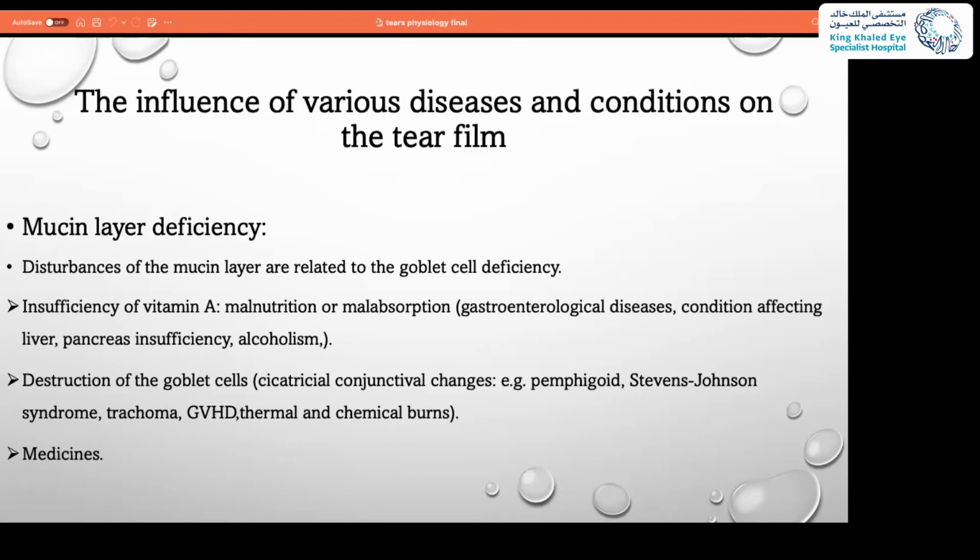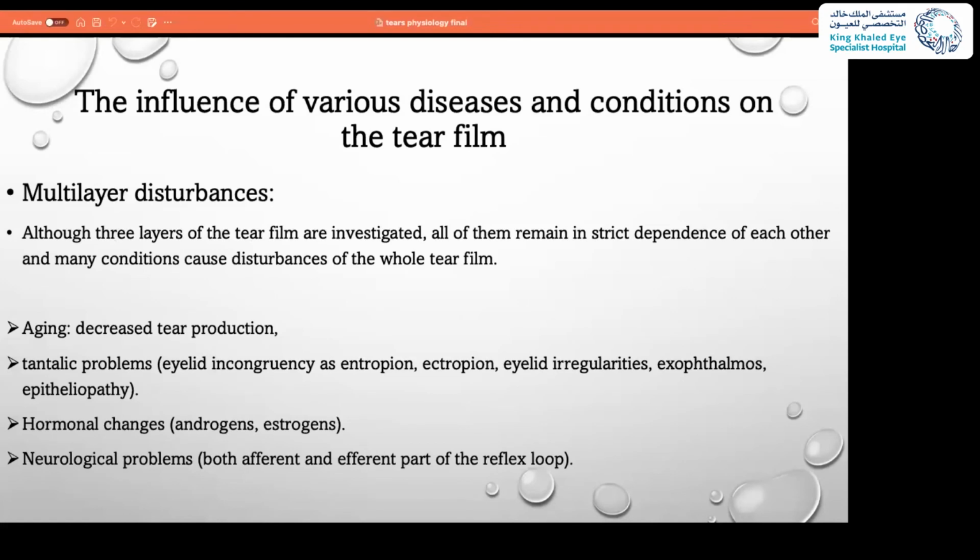It can also be caused by destruction of goblet cells by cicatricial conjunctival diseases, Stevens-Johnson syndrome, trachoma, graft versus host disease, and thermal and chemical burns. Also some medicines can affect the mucin layer, like mucolytics, antihistamines, and preservatives in topical medication, which might alter the mucin or modify the mucus layer of the tear film.